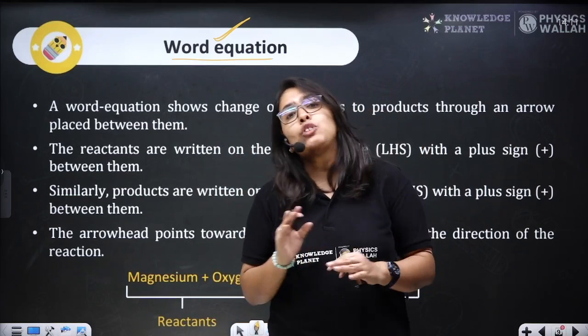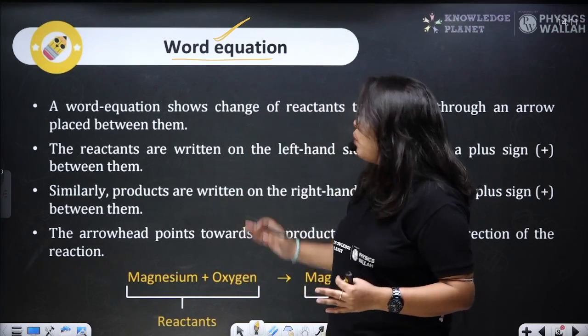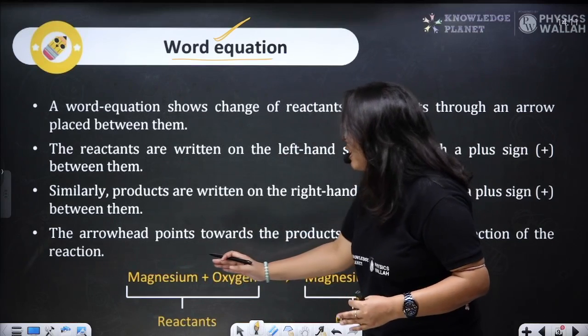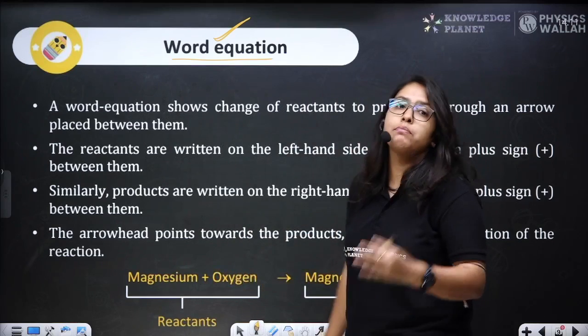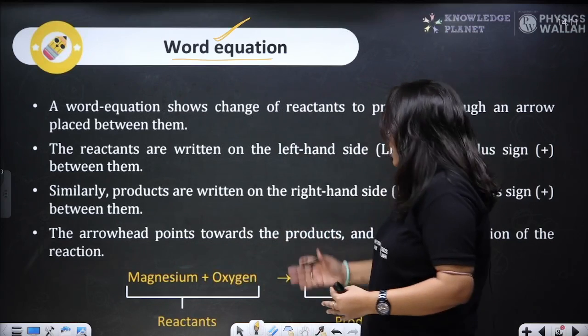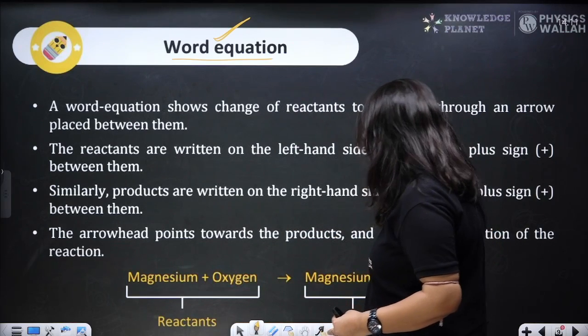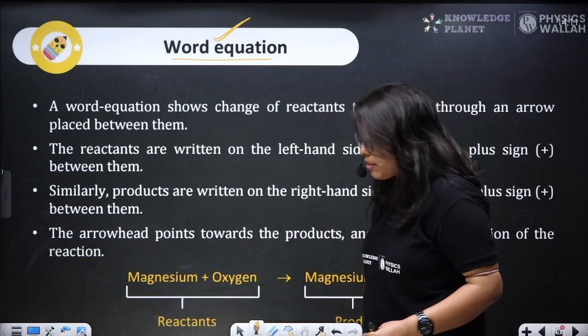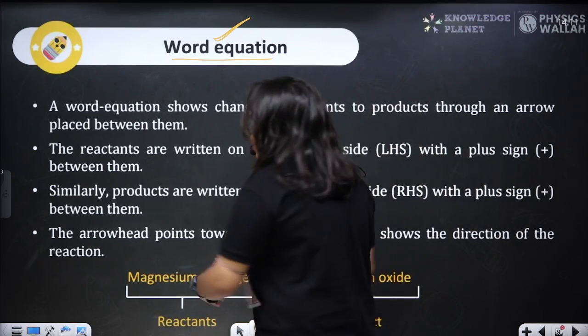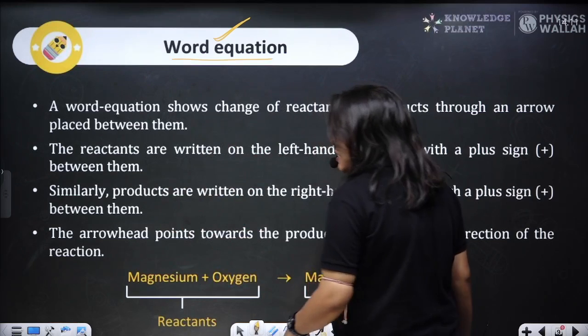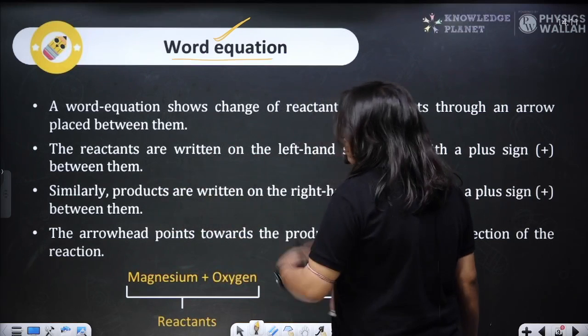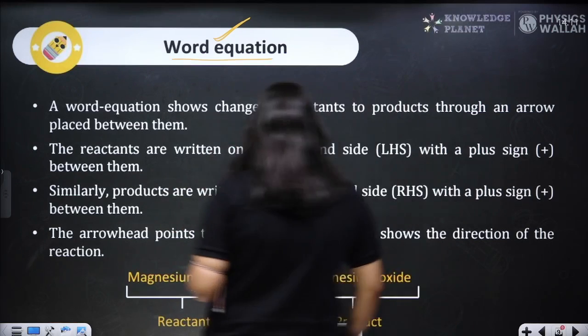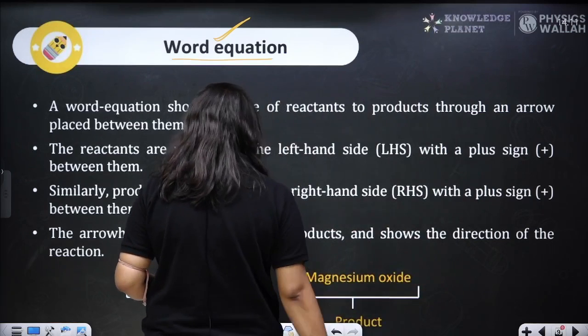So the best way to tackle this is with the help of word equation, where we can say magnesium plus oxygen, because magnesium is reacting with oxygen, gives rise to magnesium oxide. Okay, here magnesium plus oxygen is the reactants. Okay, the ones that you see on the left hand side are your reactants, and the one that you see on the right hand side are your products.